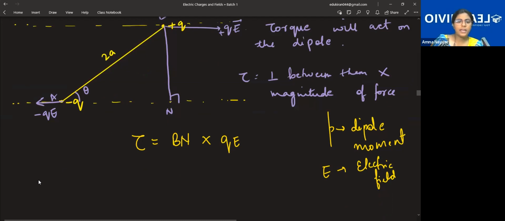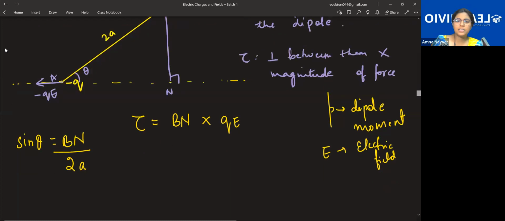If I write sine theta, it is equal to the perpendicular upon the hypotenuse. This is the perpendicular and this is the hypotenuse. So the opposite side is BN and the hypotenuse is 2A, which I would write first as AB.